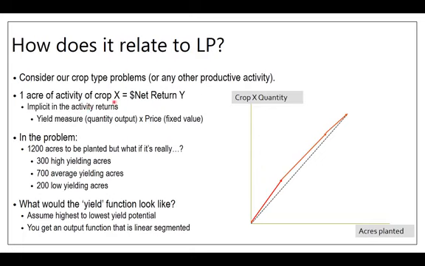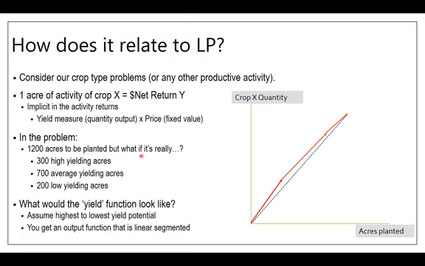Take crop X, 1 acre of activity returns $1 net return Y. That's implicit inside of that activity return here is some yield measure, some output per unit input. And we have a fixed price usually that we're saying is the assumption. And so this yield measure becomes important. Well, let's say that crop activity really in the problem is 1,200 acres and it's going to be planted to the crop.